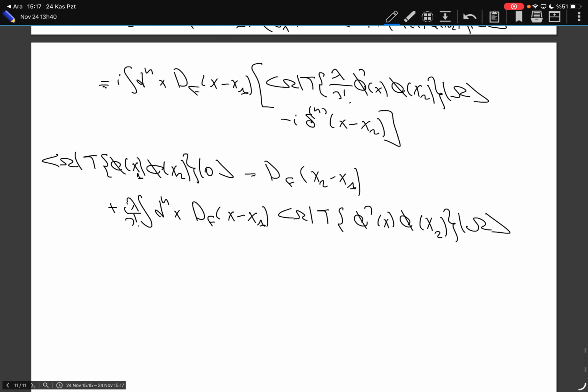Now I can repeat this process. Let me repeat it by saying this is Δ_F(x₂ minus x₁) plus i λ over 3 factorial ∫ d⁴x Δ_F(x minus x₁). Let me introduce a Dirac delta over y.